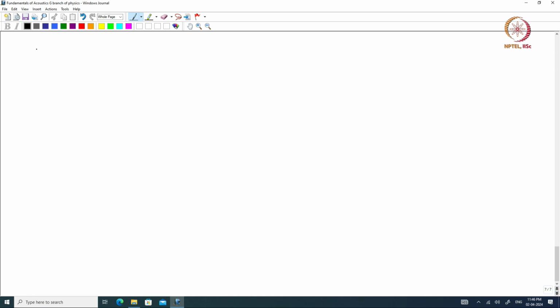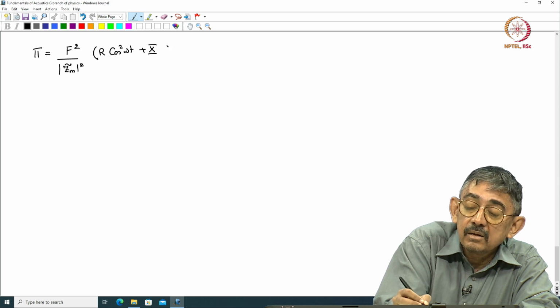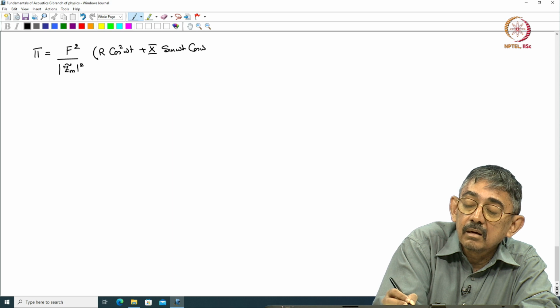So let me see, I have instantaneous power given by F squared over magnitude of Z mechanical squared, R cos squared omega t plus X sin omega t cos omega t.